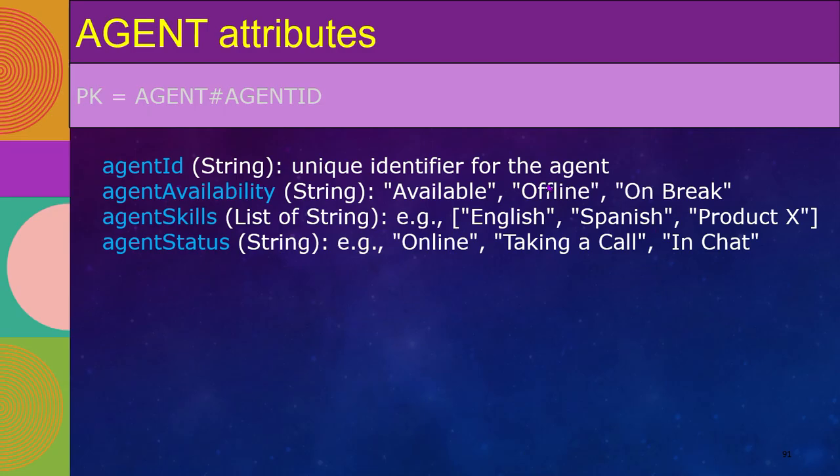The reason why I'm doing this agent pound, as ugly as it looks, is because I can distinguish between customer pound and agent pound. And these user IDs might be unique. The agent ID could be the user ID, the customer ID could be the user ID.